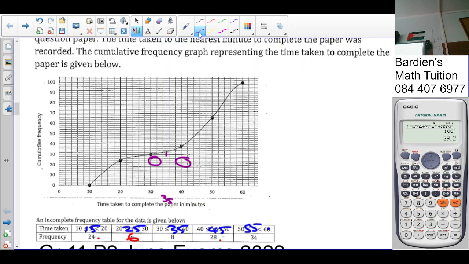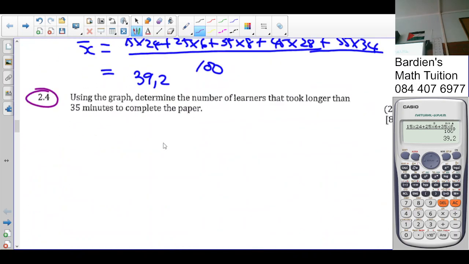That is approximately 33. So from 33 to 100 is how many learners? It's going to be 100 minus 33, which gives you 67. So approximately 67 people took longer than 35 minutes. You guys understand? Yeah?